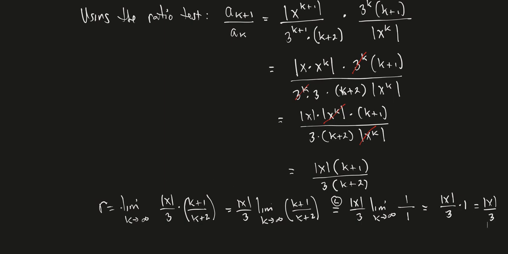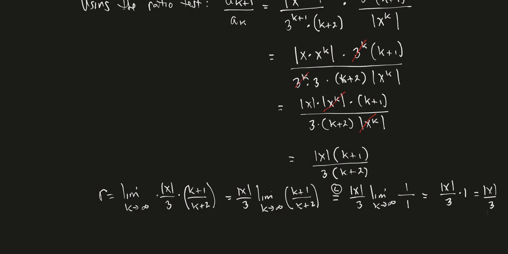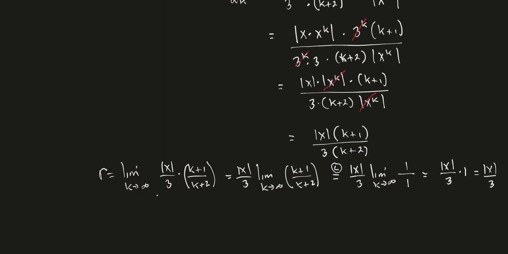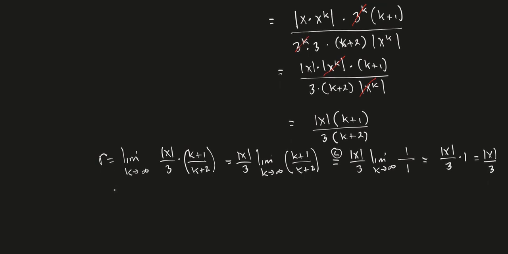But what does the ratio test say? The ratio test says that for us to have our absolute convergence, right, R has to be less than 1, right?